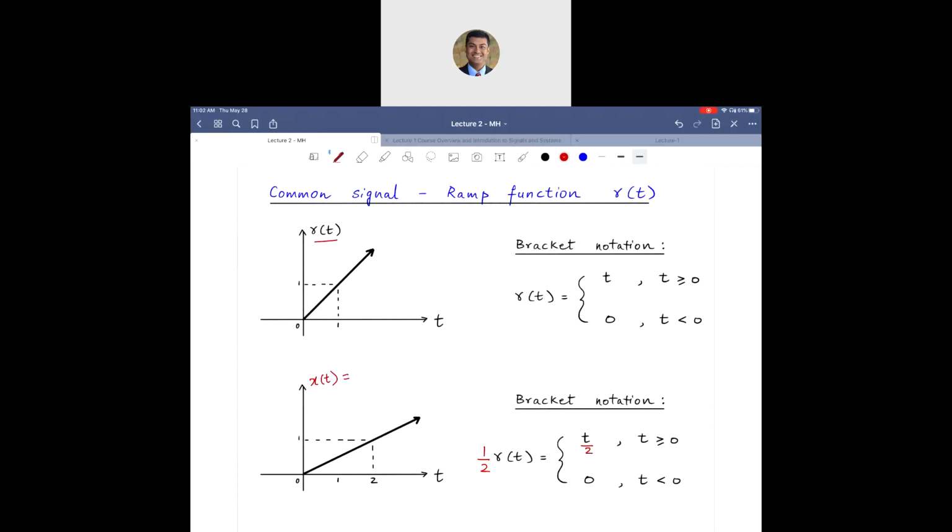Well, all I have to do to r of t to express it in terms of x of t is simply divide it by 2. So x of t here is going to be half of t. Even though I do this, it doesn't really matter, because it's going to be 0 anyway. Yes, it is half of the original r of t. I'm using r of t to indicate here and here.